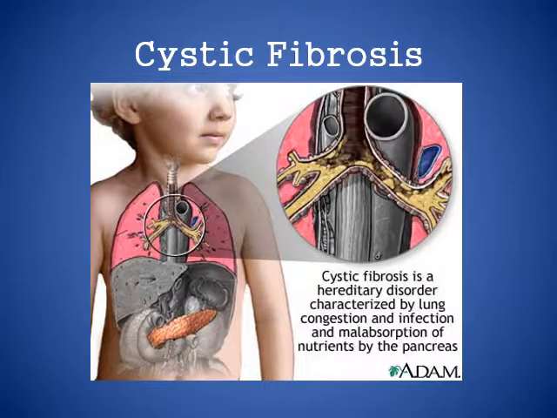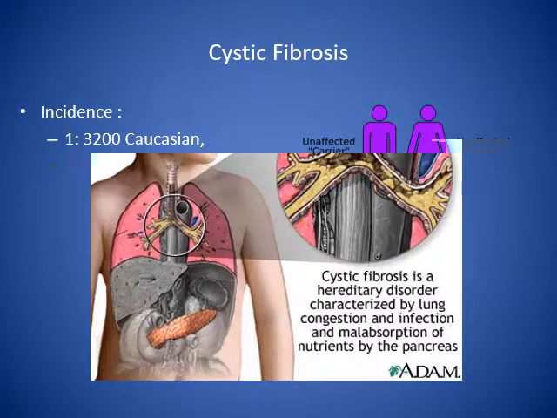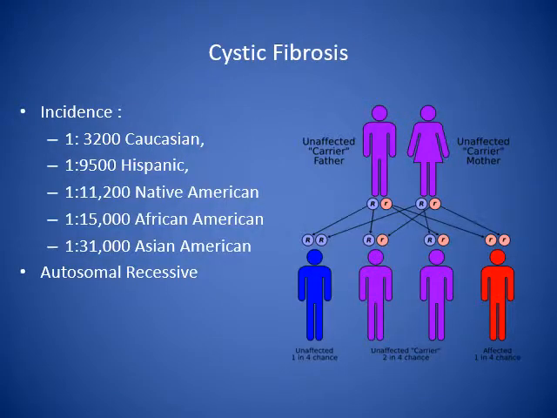So we're going to switch to cystic fibrosis. This is another exemplar for this content. Cystic fibrosis is a hereditary disorder. You're born with it. It's characterized by lung congestion, infection, and malabsorption of nutrients by the pancreas. It's an autosomal recessive gene that causes cystic fibrosis.